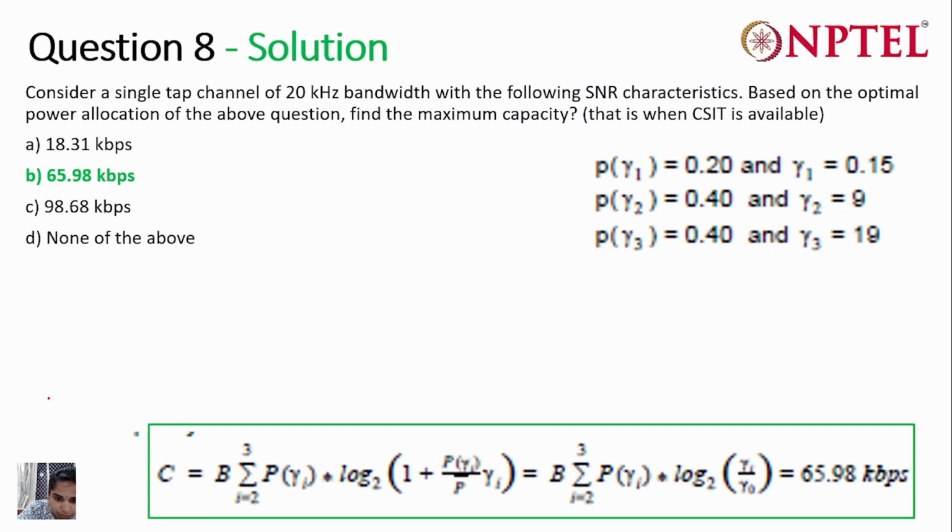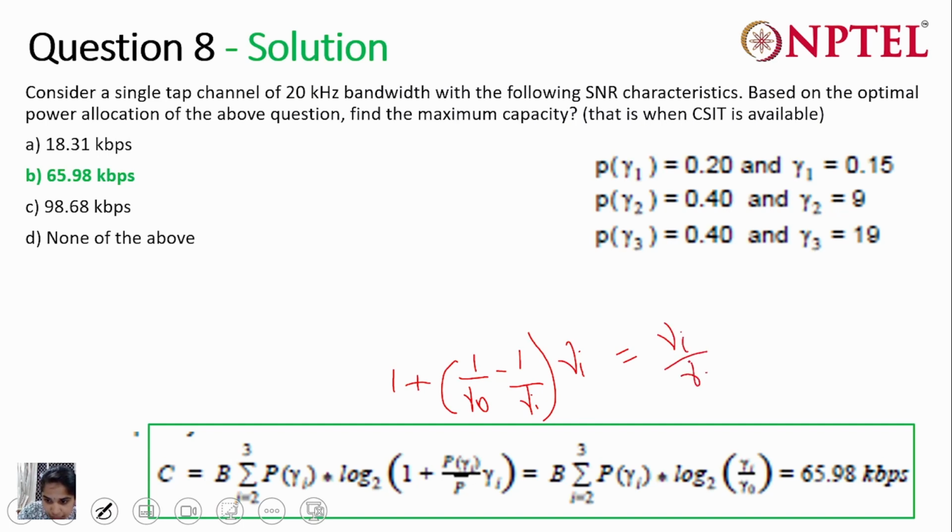So if you put 1 plus (1 by gamma naught minus 1 by gamma I) into gamma I, you could write it as gamma I by gamma naught. So directly you get to this expression: B into summation, where we've eliminated the bad channel.